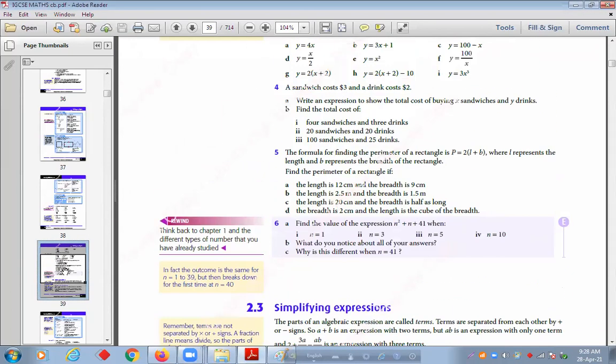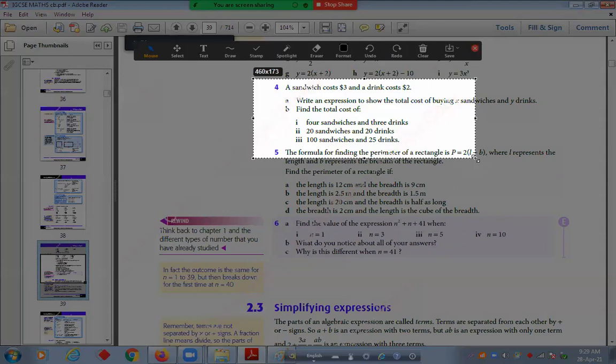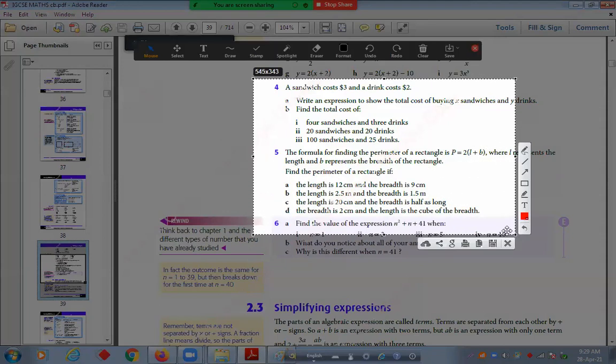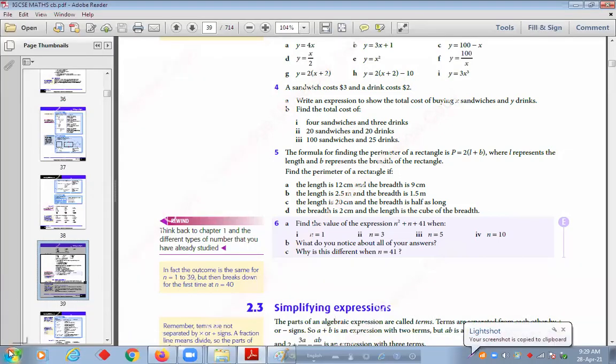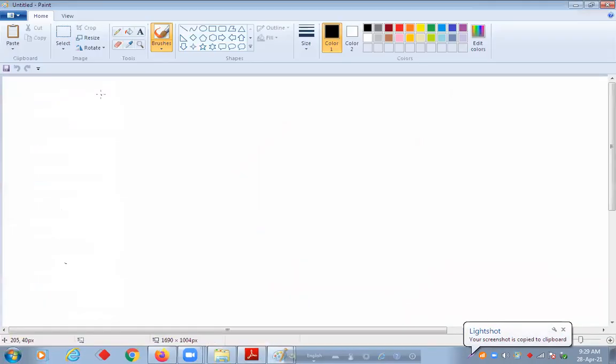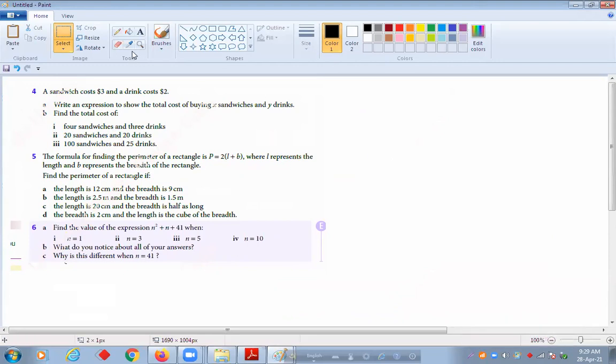Okay, in this question number 5, let me take this on the board. Questions 4, 5, and 6, these 3 questions I'm taking to the board. Okay, tell question number 4, 5, and 6. What problem do you have in those?